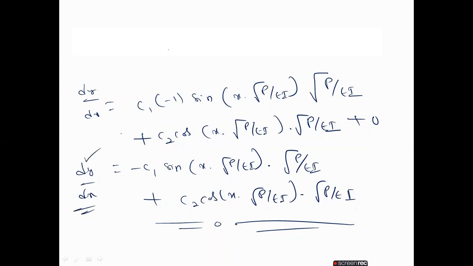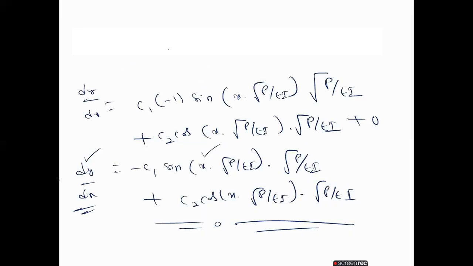Now we substitute in this equation of dy by dx. Here dy by dx equal to 0 and x equal to 0. These two boundary conditions are substituted into this equation.